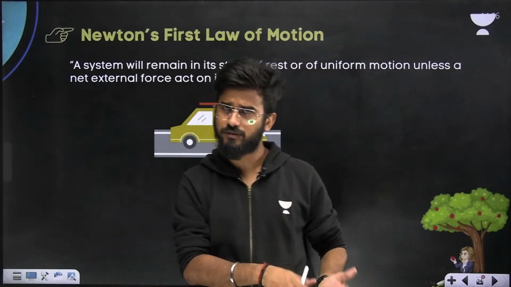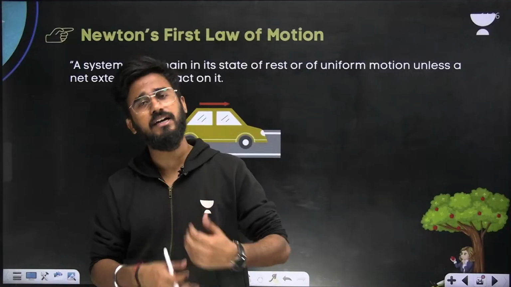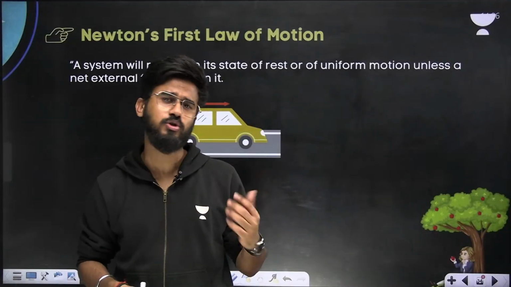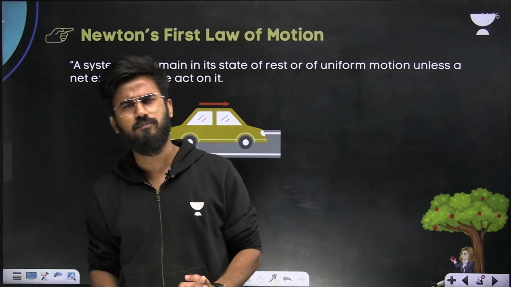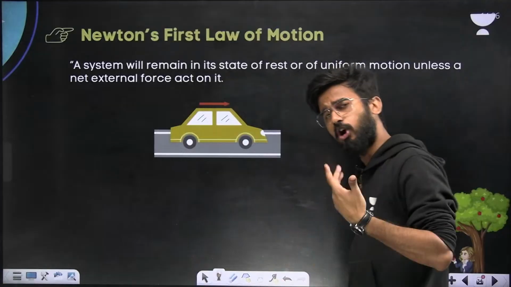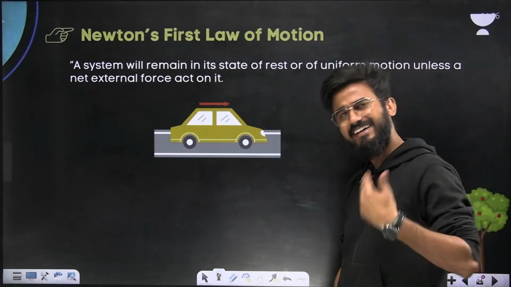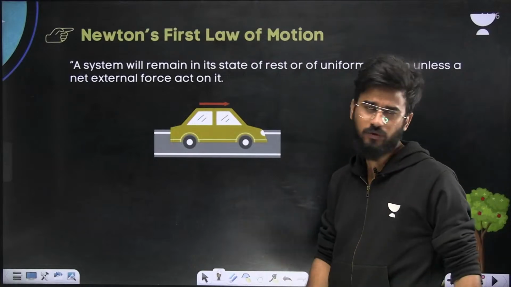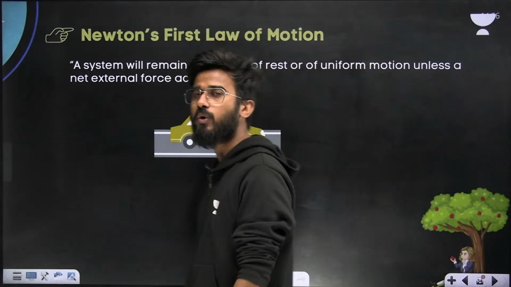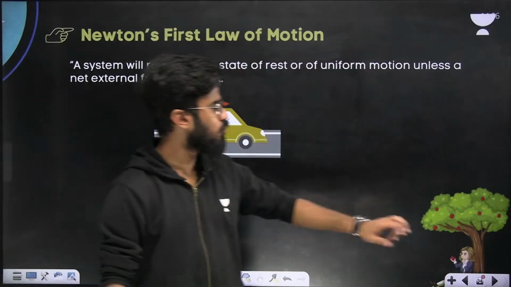Similarly, if a body is at rest, it will remain at rest unless we apply a particular force on that body. So this is the first law of motion, also called the law of inertia. It means the body keeps moving unless we apply an external force over it. I'm not going into too much detail on this.